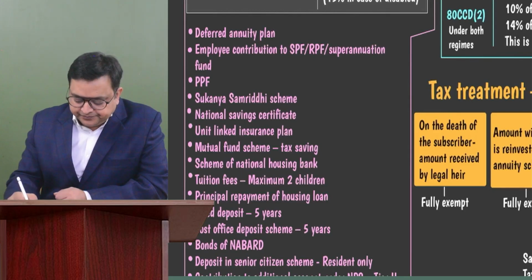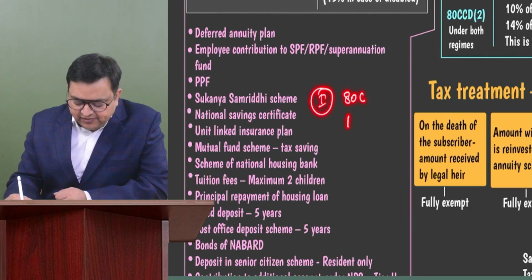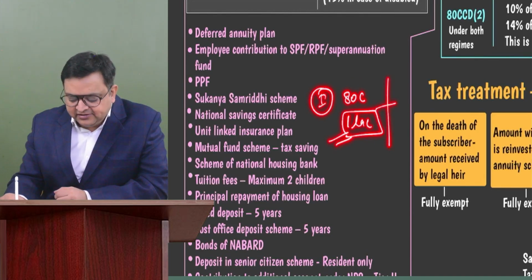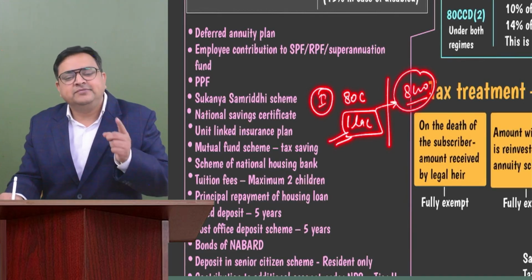So let's say in the first year, the assessee has invested 1 lakh rupees in NSC. So he will get 80C deduction of 1 lakh rupees if he is following optional regime. Second year, he has not invested in NSC, but he has earned some interest. Let's say he has earned 8,000 rupees of interest. So this 8,000 of interest, first of all, please make it IFOS income.